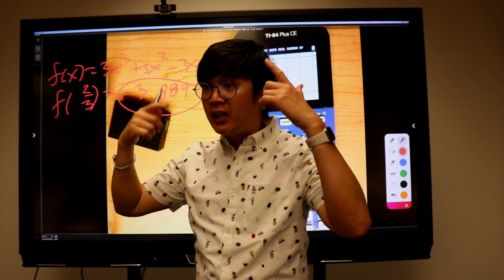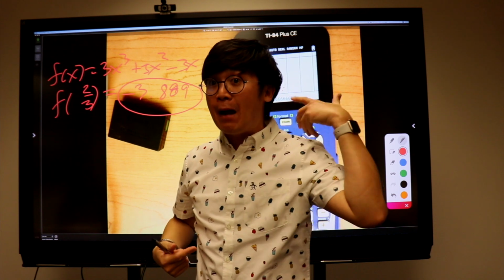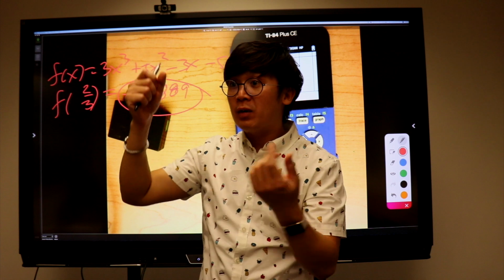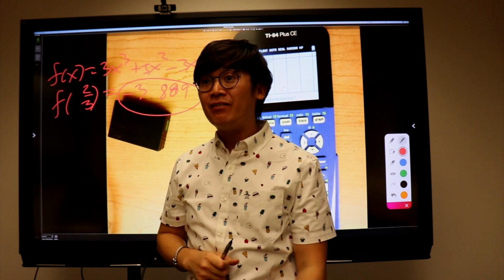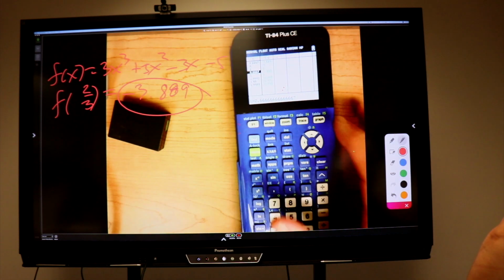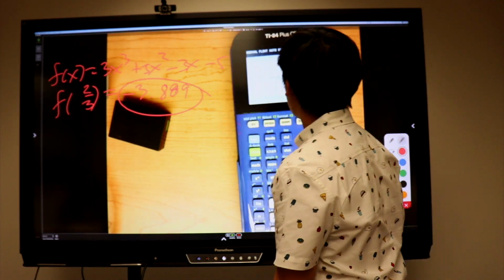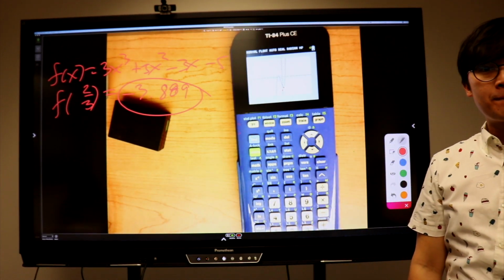Now, are you seeing it visually in your head what is happening in your calculator? It's giving you the values of y without seeing the graph. Can you please hit the graph function? What does it look like? There. It looks like that.